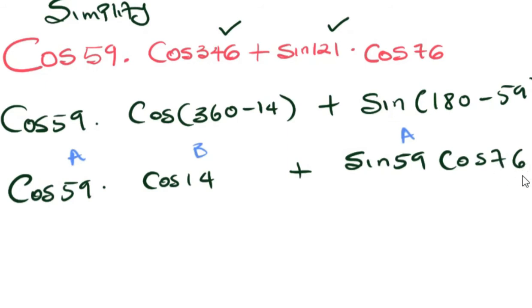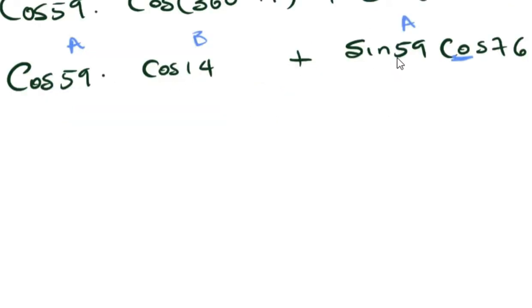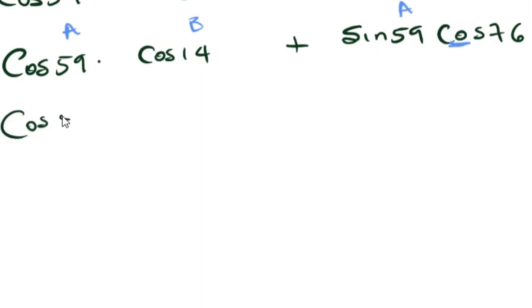Not only do we have 76, we have cos 76. This looks like the cos compound identity, which had cos cos, then sine sine. But this is sine cos. So we notice that we can actually change this using co-ratios.